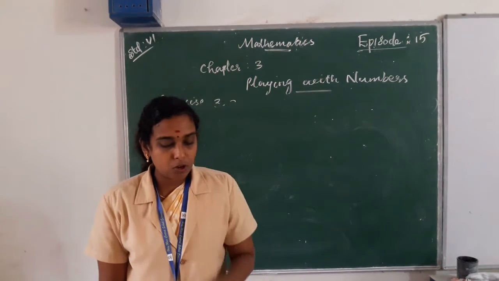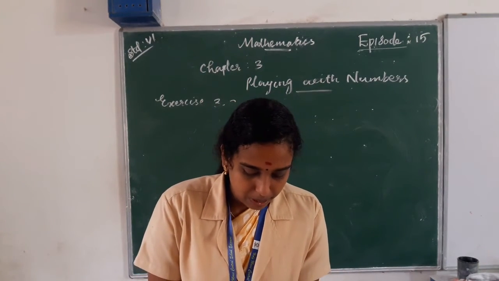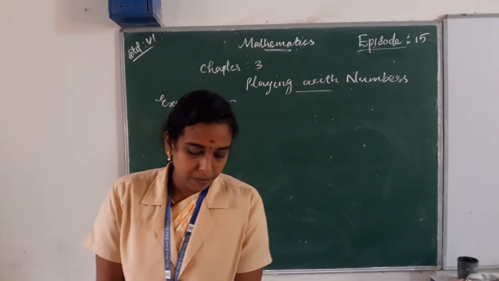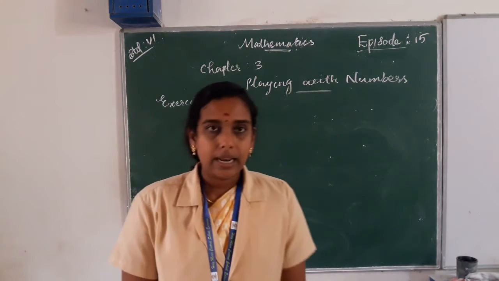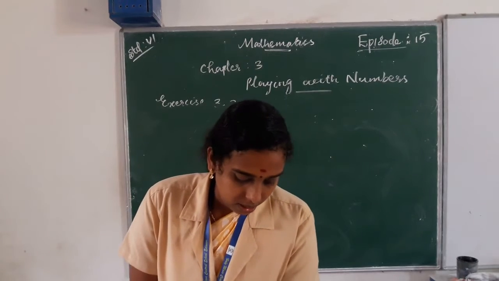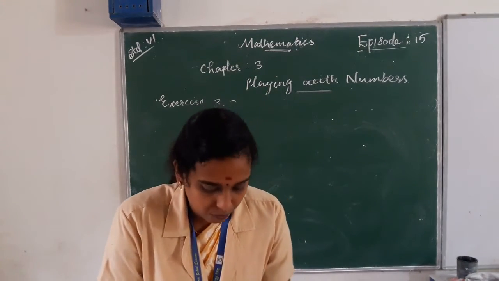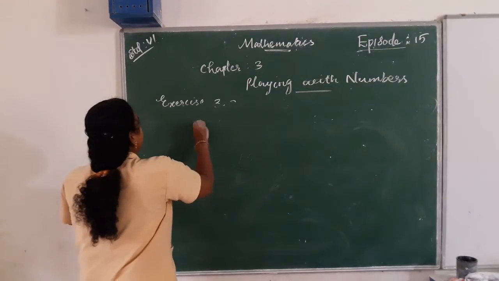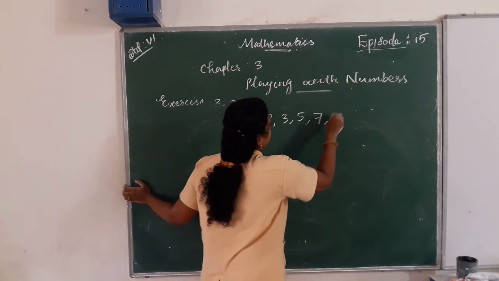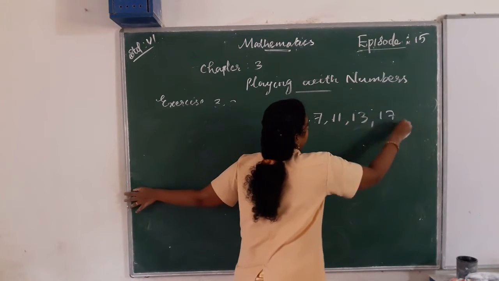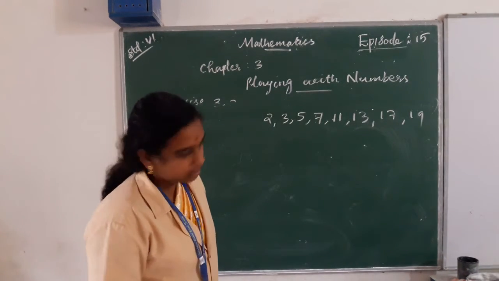The prime numbers less than 20 are 2, 3, 5, 7, 11, 13, 17 and 19.